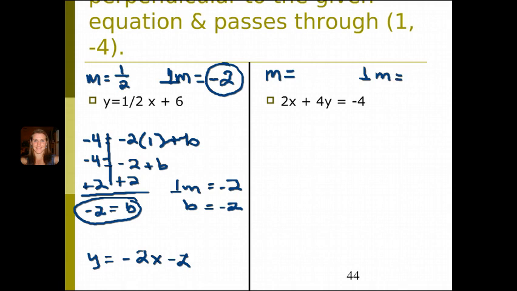Got to solve for y to get it in slope-intercept form, so I'm subtracting 2x from both sides. That leaves me at 4y equals -2x minus 4. Divide everything by 4.